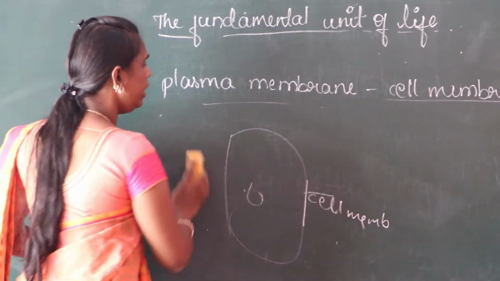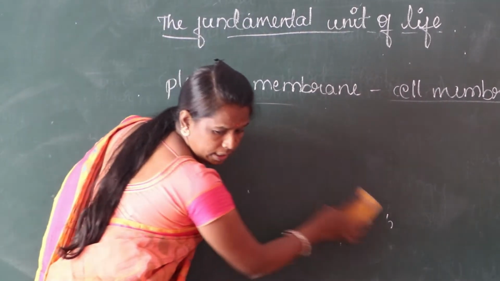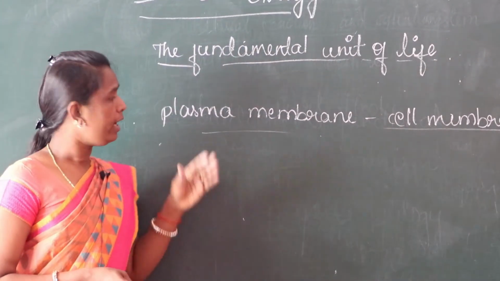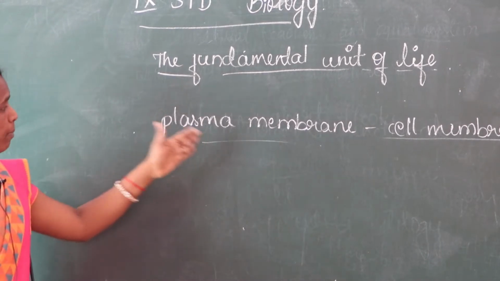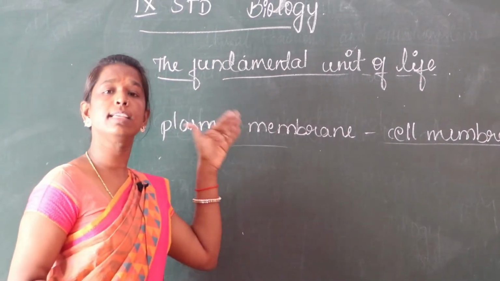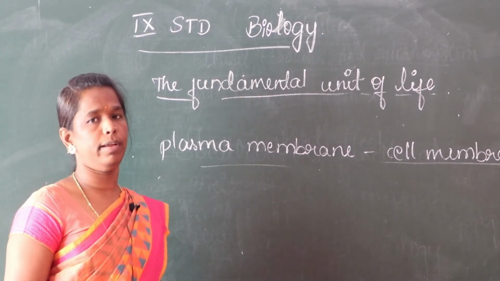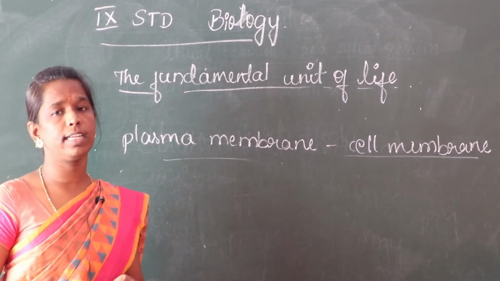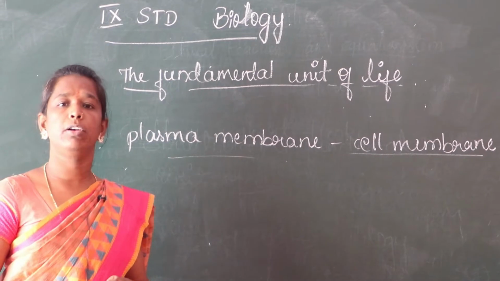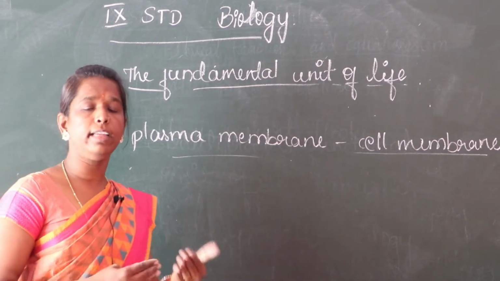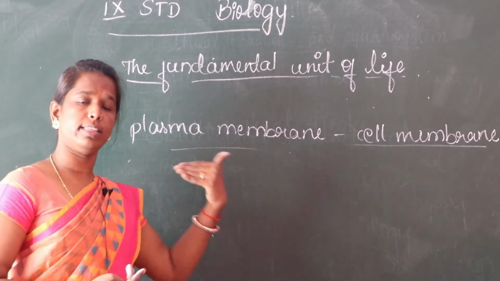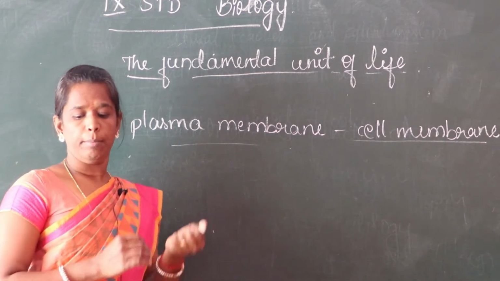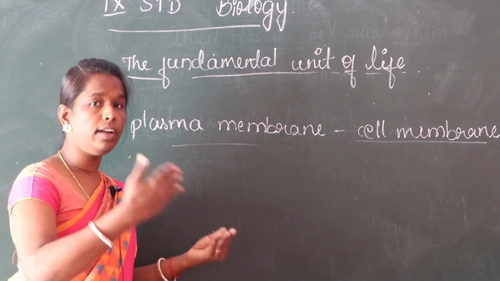It helps the entry and exit of some materials in and out of the cell, and that's why the plasma membrane is also called a selectively permeable membrane.